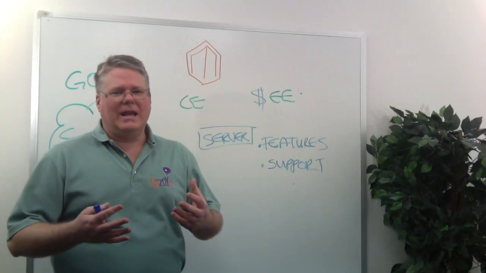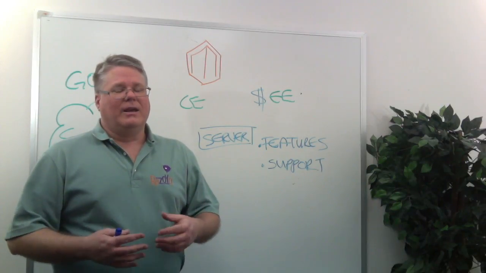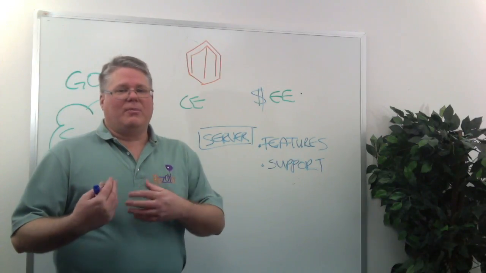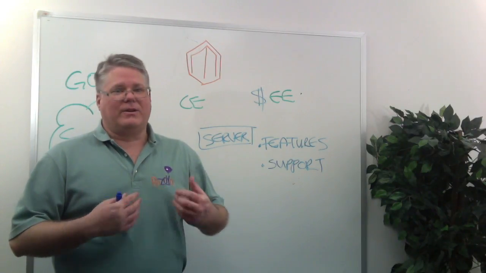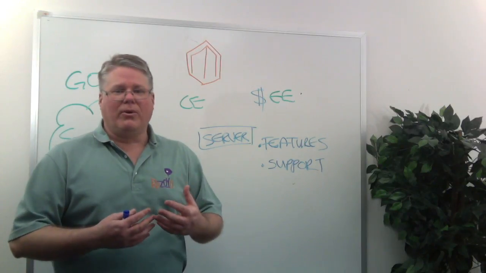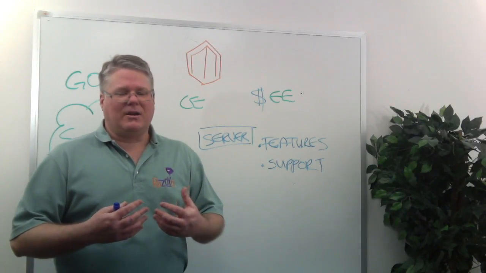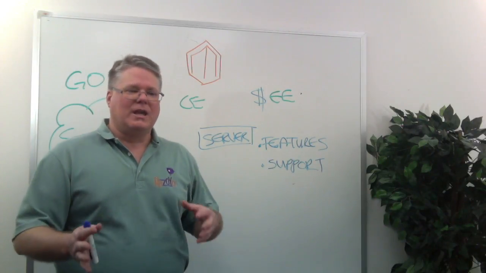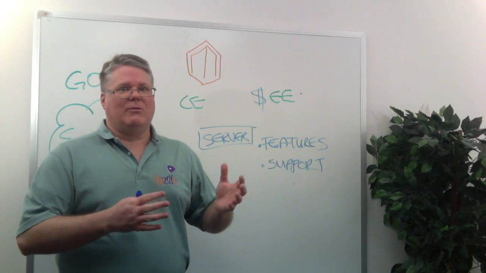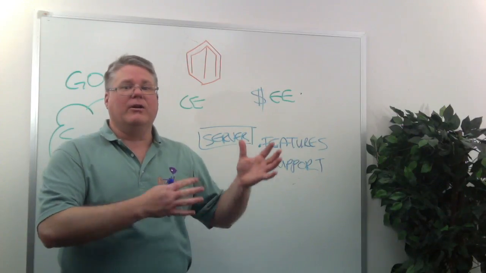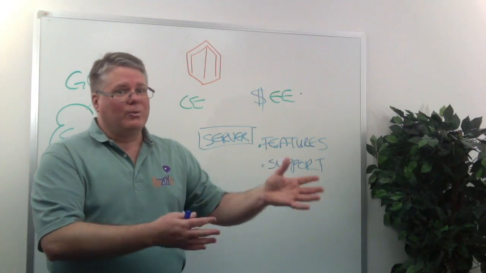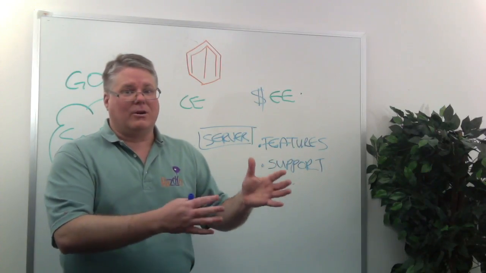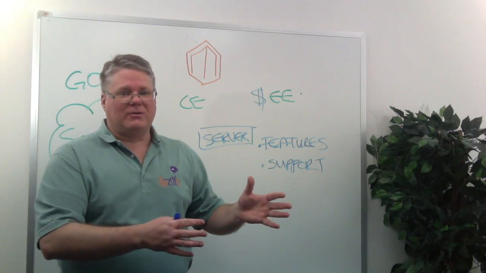This is true of any server-based software, and it's also true of Community and Enterprise Edition. So with Enterprise Edition, if anything goes wrong, first of all, they're going to provide you with patches, they're going to provide you support. If you run into bugs in the software, or a use case that just hadn't been foreseen by the developers, you can go to Magento and they will provide you a Magento engineered patch for that feature. That's really important because you know that it is actually written correctly and everything's perfect with that.